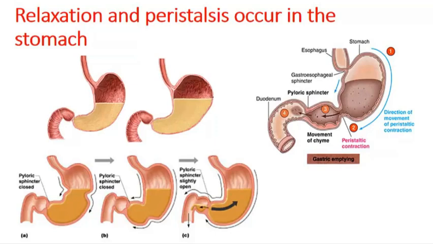Now in this case, relaxation of the specific area of the stomach known as the fundus is required, as well as the structure called the body, because this is the part known as the fundus, this is the part known as the body.